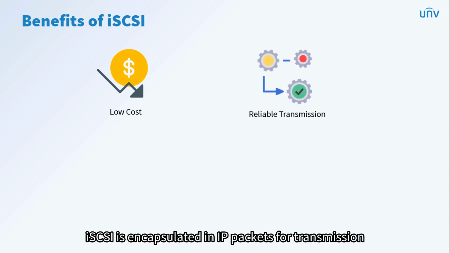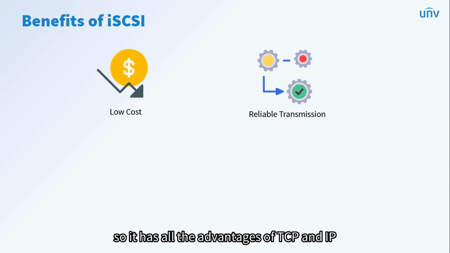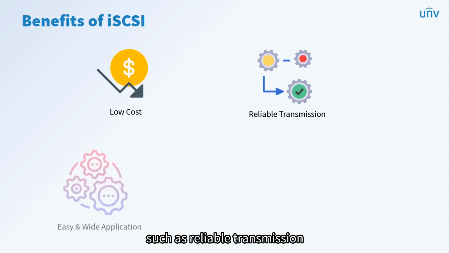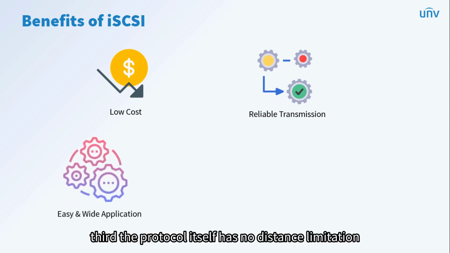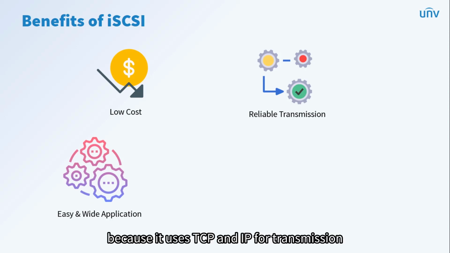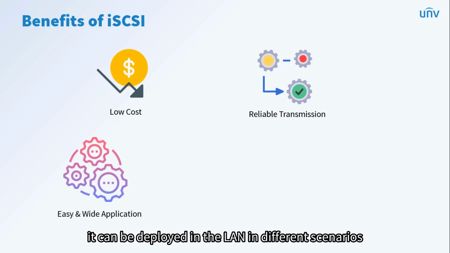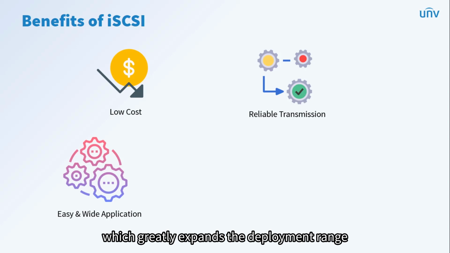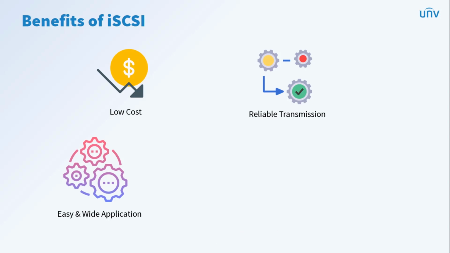Second, iSCSI is encapsulated in IP packets for transmission, so it has all the advantages of TCP and IP, such as reliable transmission. Third, the protocol itself has no distance limitation. Because it uses TCP and IP for transmission, it can be deployed in the LAN in different scenarios, which greatly expands the deployment range of its storage network.